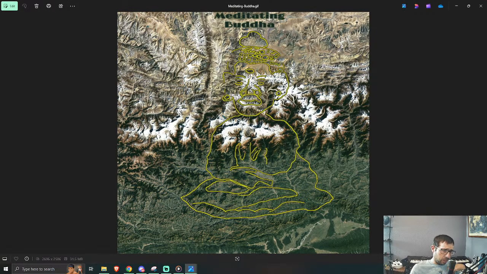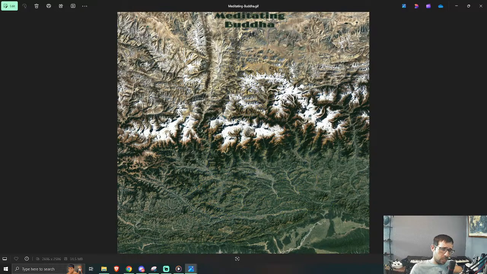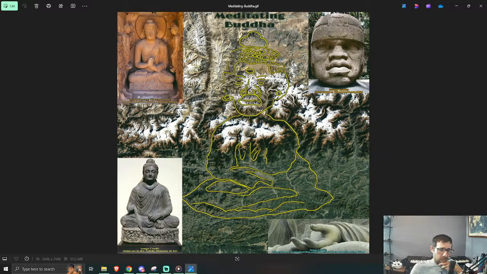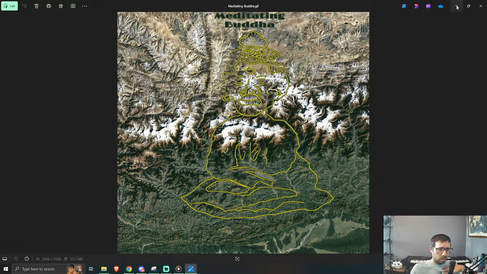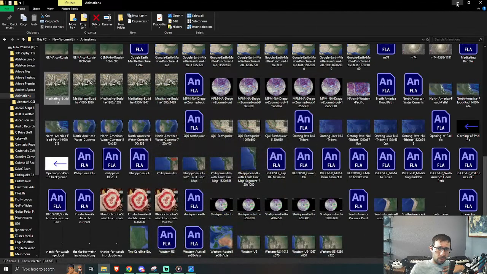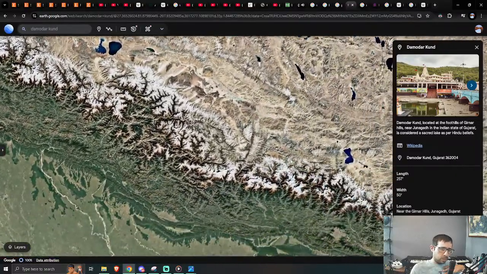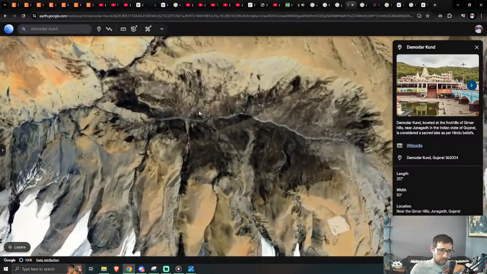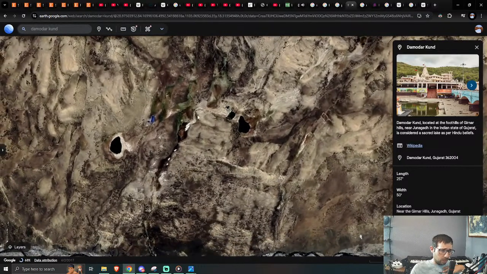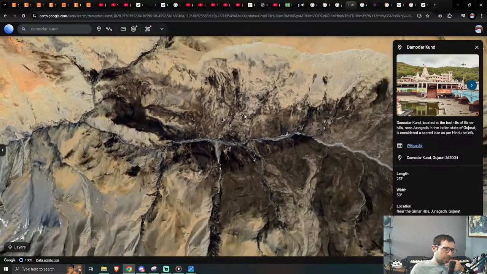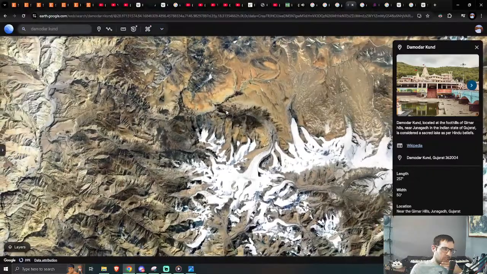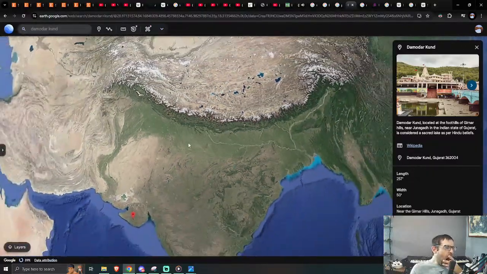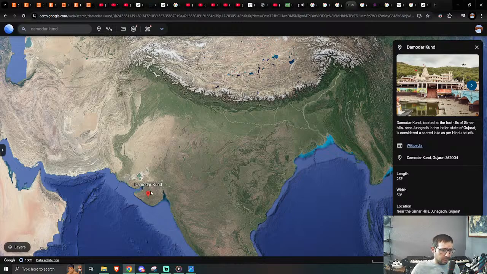It's literally the third eye of a Buddha. Damodar Kund. Actually, Damodar Kund is the eye within the eye. If this is the third eye, Damodar Kund is the eye within the eye. Or whatever these are. And yet, there's one over here.